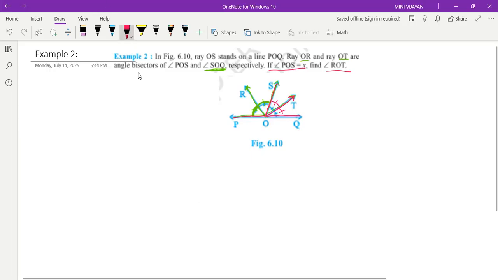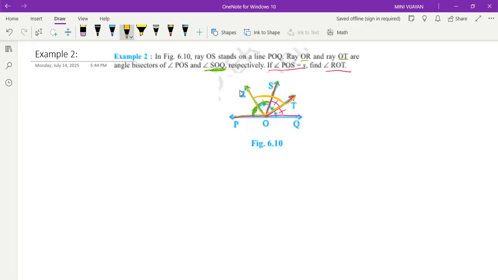Can you identify that from the figure? The angle is here. This is the angle we need to find, angle ROT, this entire angle. So these are the given conditions, and we can understand this much from the figure.